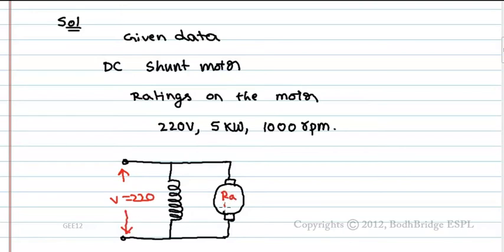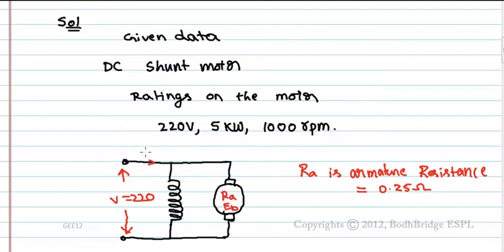RA is armature resistance, given as 0.25 ohms. Current drawn at rated speed equals 68 amperes and the rated field current is 2.2 amperes.